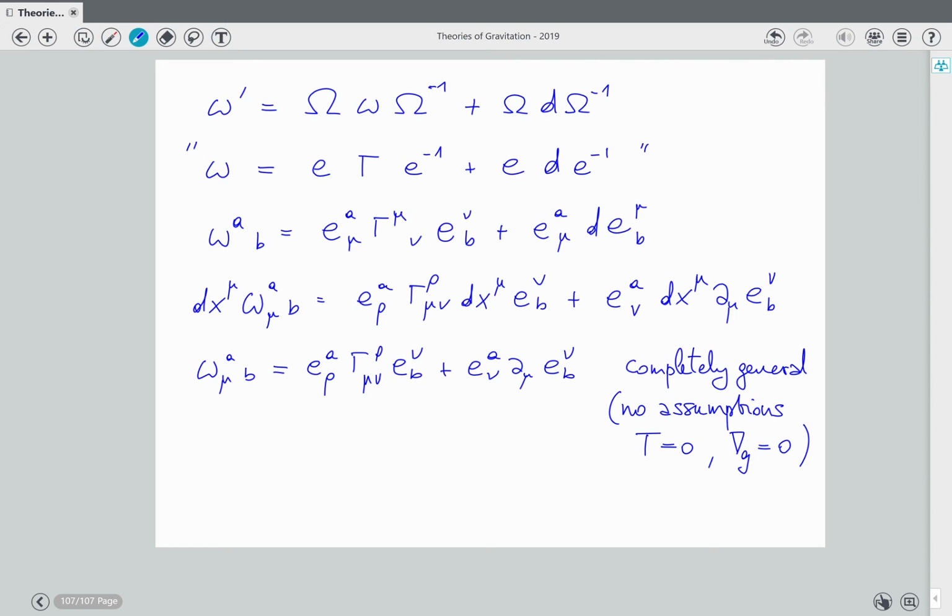Which tells you that gamma and omega are not independent.